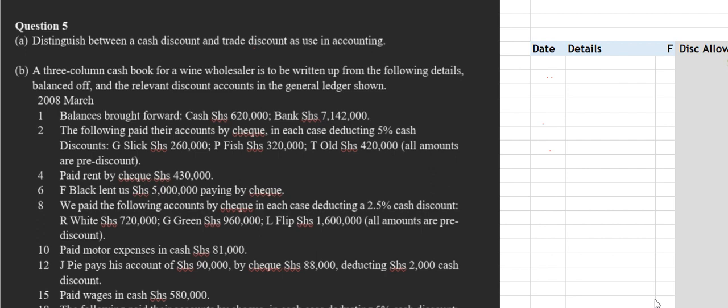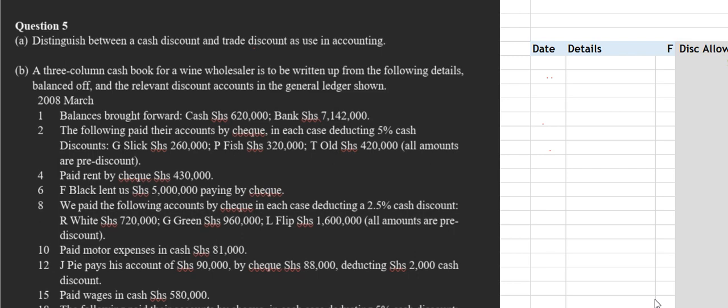Meaning that the supplier will offer such a discount simply because they want immediate cash. Of course, we have two types of cash discounts, that is the discount received and the discount allowed. So cash discounts are always offered for immediate cash payments.